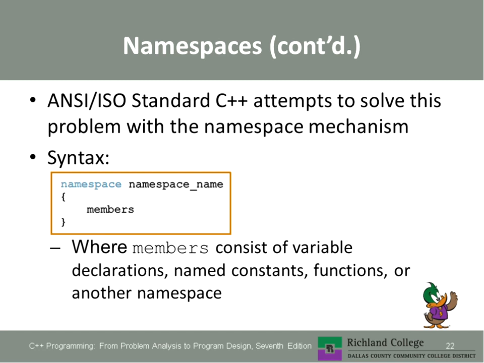But the ISO standard came up with this namespace that allows you to put your global identifiers in rooms. And because they are in rooms, now we can refer to each identifier separately. Inside the namespace, we can have variable declarations, named constants, functions, or other namespaces. So we can have nested namespaces.